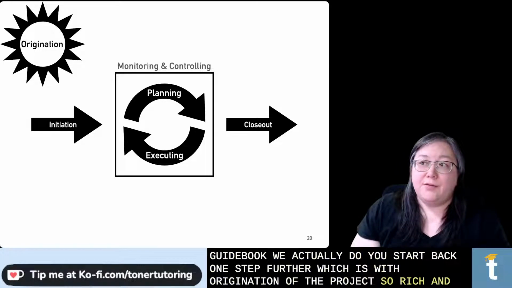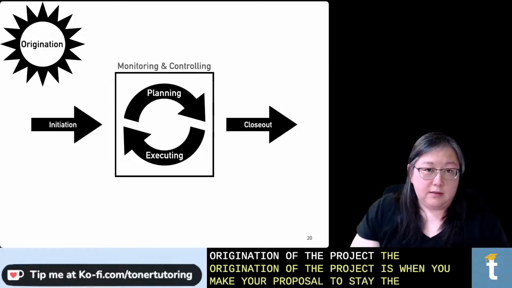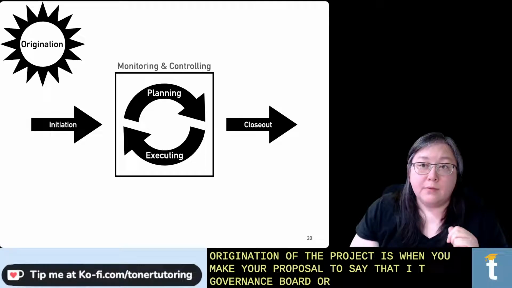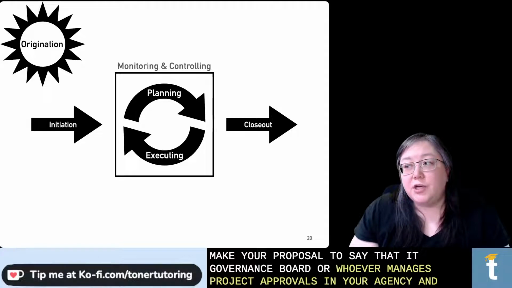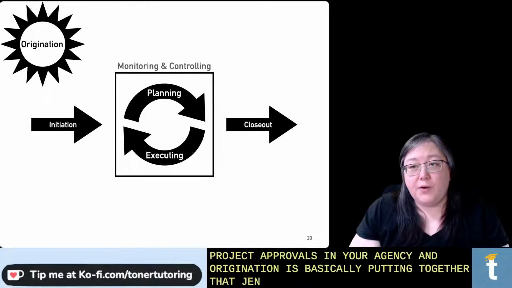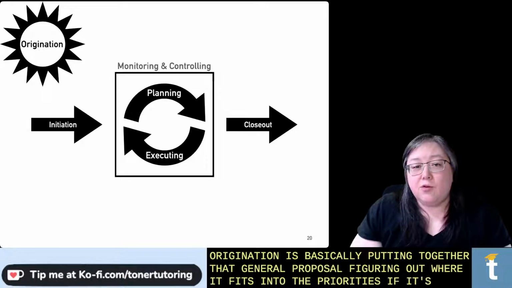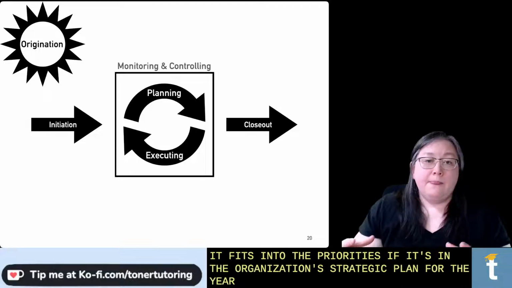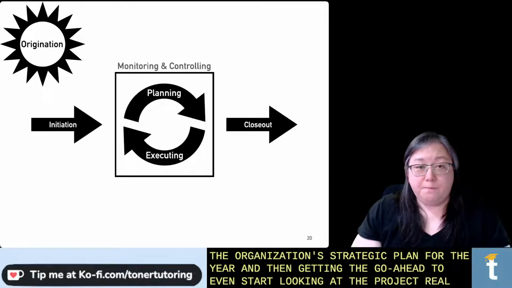So origination of the project is when you make your proposal to, say, the IT governance board or whoever manages project approvals in your agency. And origination is basically putting together that general proposal, figuring out where it fits into the priorities, if it fits into the organization's strategic plan for the year, and then getting the go-ahead to even start looking at the project, really.